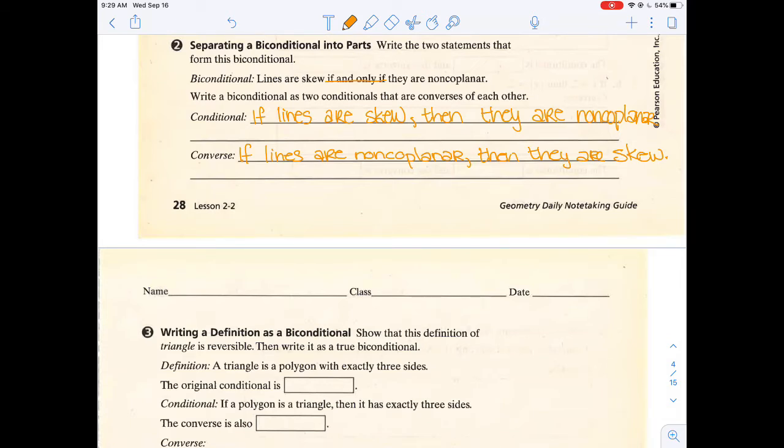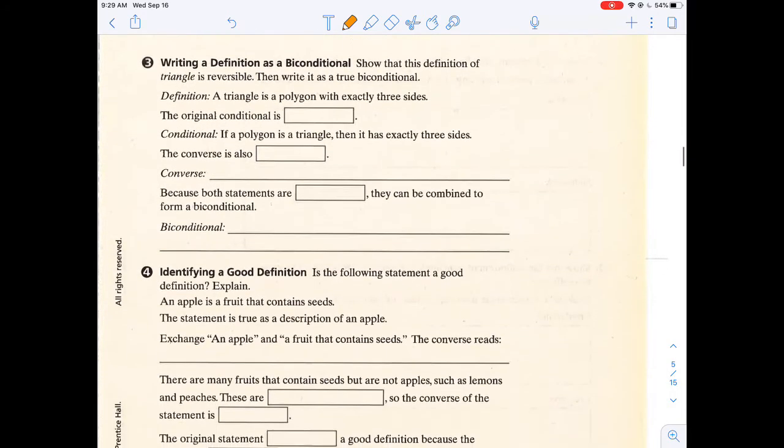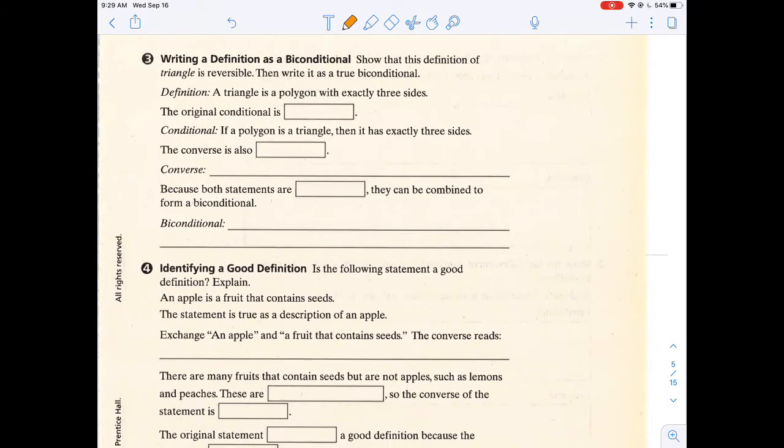Okay, let's keep it going with example 3, writing a definition as a biconditional. Show that this definition of a triangle is reversible, then write it as a true biconditional statement. When we want good definitions, we want something that we can write forwards and backwards, and both are true. The definition: a triangle is a polygon with exactly 3 sides. We know the original conditional statement is true. They rewrote it for us: if a polygon is a triangle, then it has exactly 3 sides.